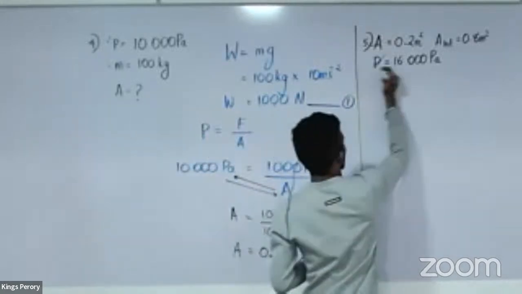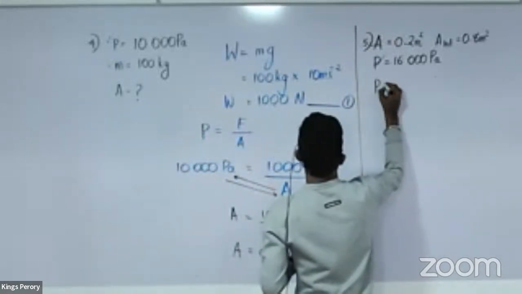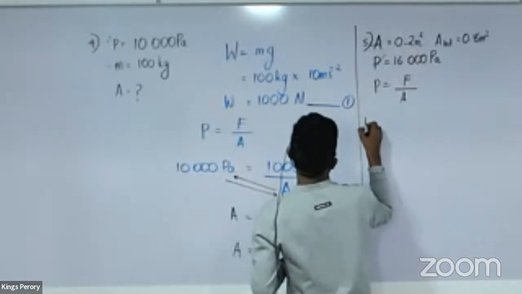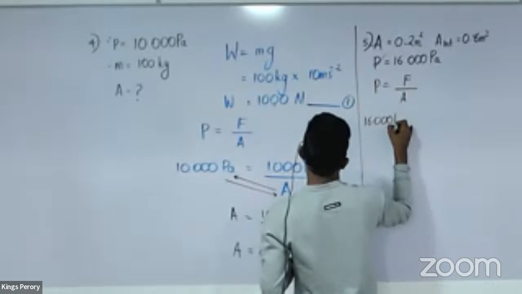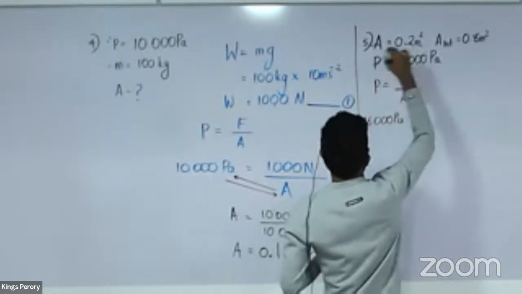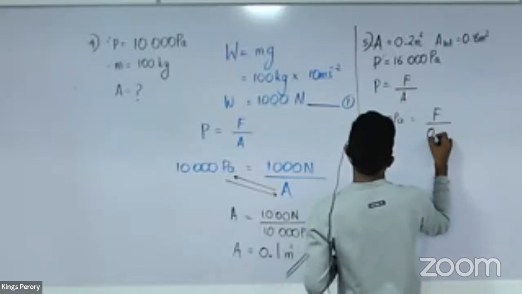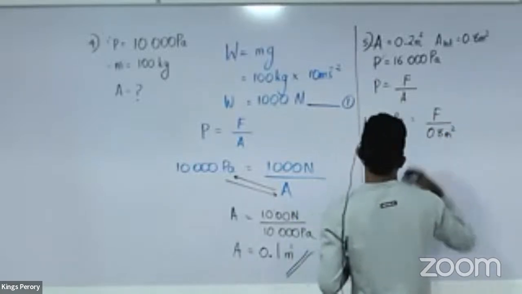Now work. There you go. Pressure equals force divided by area. Pressure 16,000 Pascal. Force you don't know. That's the weight of the jeep. Total area 0.8 meter squared.